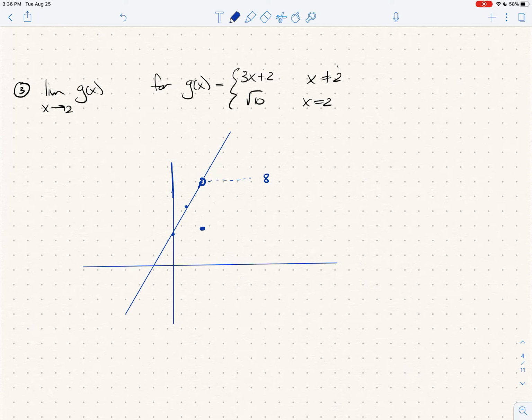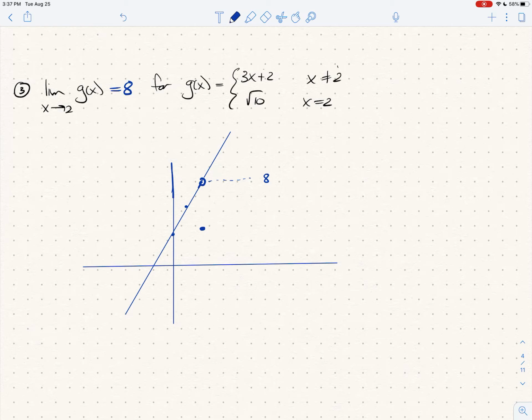And whether or not you draw this out and you see it, you say, okay, look, the value of g at 2 is root 10, but the limit that g of x is approaching as x goes to 2 is actually just this y value 8. You can do that and say, therefore, the answer is 8.